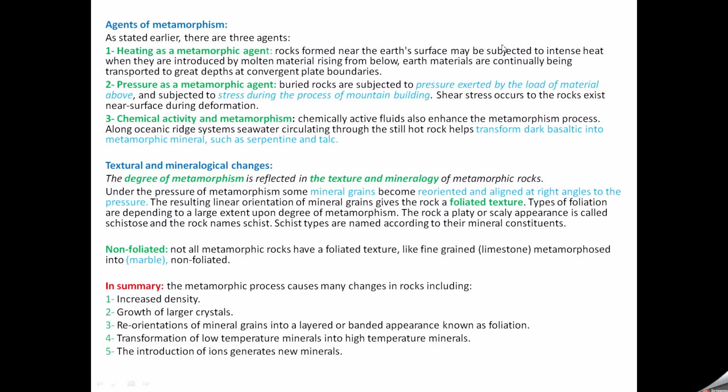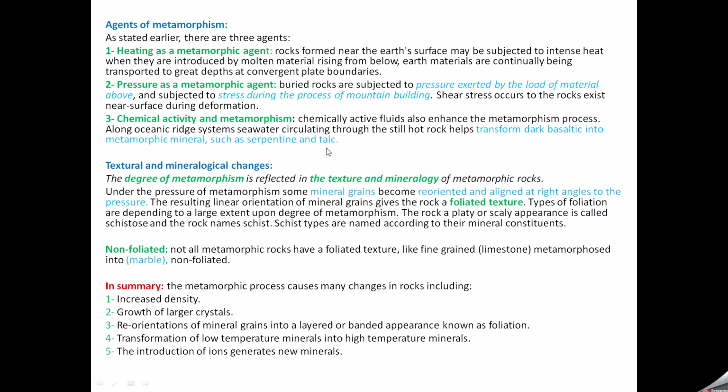Chemically active fluids. Chemically active fluids also enhance the metamorphism process along the oceanic ridges, the divergent boundaries. Along oceanic ridge systems, seawater circulation through the still hot rocks helps transform dark basaltic rock into metamorphic minerals such as serpentine and talc.